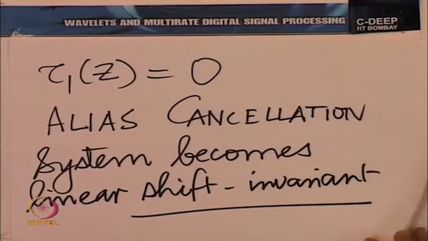Now, we had looked at one possibility under which tau 1 z could be 0, and we had said the most general possibility can be accommodated by what is called a cancelling term R z. Let us put that down again.